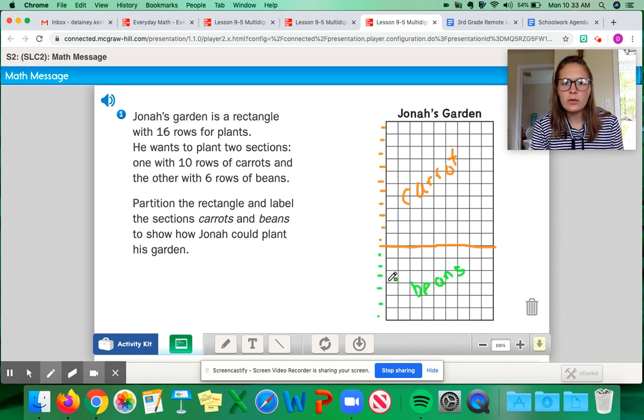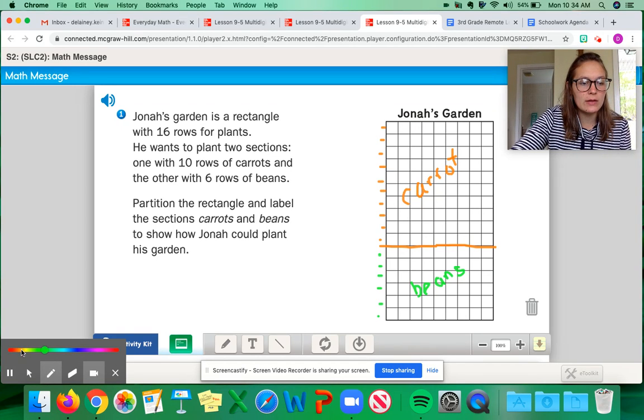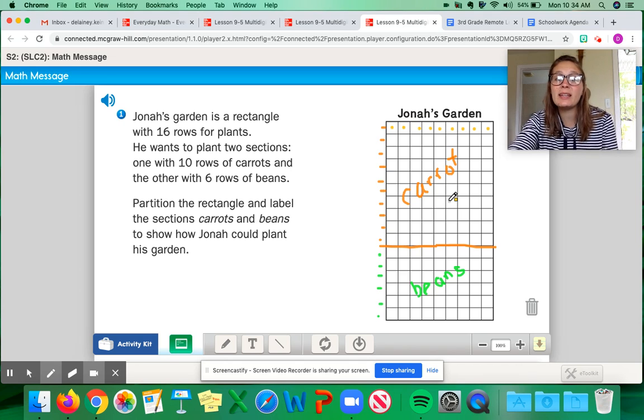In order to figure out how many plants he could plant, we not only need to figure out the rows, but also how many in each row. So let's go back to our carrots. In each row, 1, 2, 3, 4, 5, 6, 7, 8, 9. Okay, he can plant 9 carrots in each row.